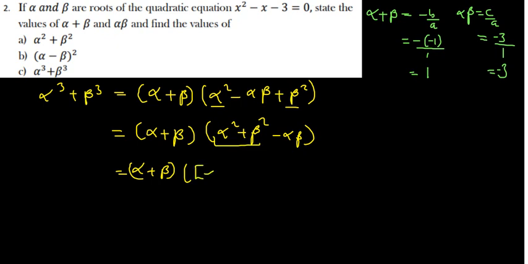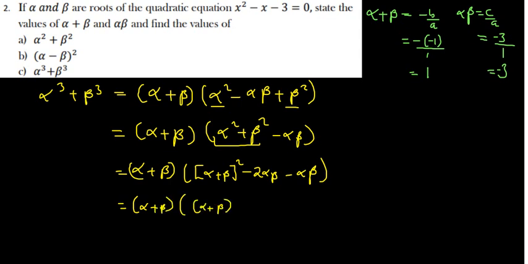We use alpha plus beta in brackets, squared, and then minus 2 alpha beta. Now remember, we also have another minus alpha beta there, which shouldn't be forgotten. So this gives us alpha plus beta, and then alpha plus beta in brackets, squared, minus 2 alpha beta minus alpha beta, that would be 3 alpha beta.